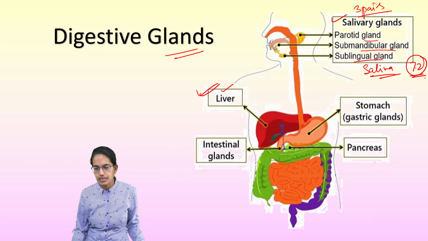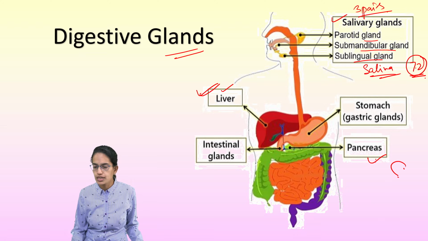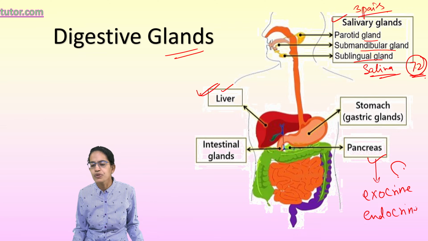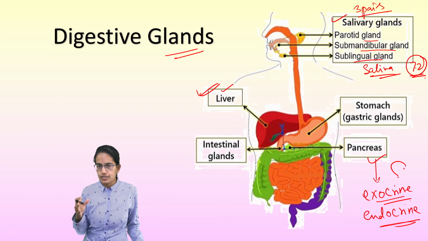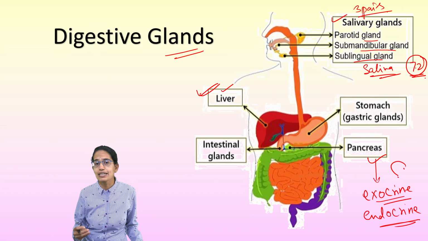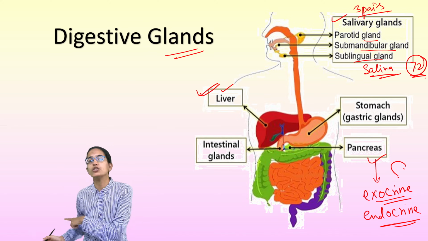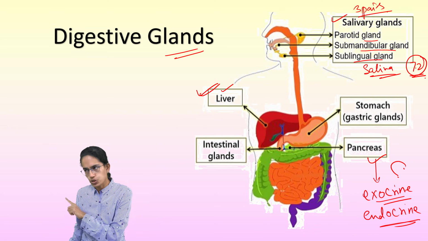The next is pancreas. Pancreas is a leaf-shaped structure which is pink in color. It is located within the loop of duodenum and it is called a dual gland. It acts as an exocrine as well as an endocrine gland. As an exocrine gland, it is formed of acini or pancreatic lobules, and these produce pancreatic juice which empties into duodenum, which we would understand in a while, and helps to digest sugar and protein.